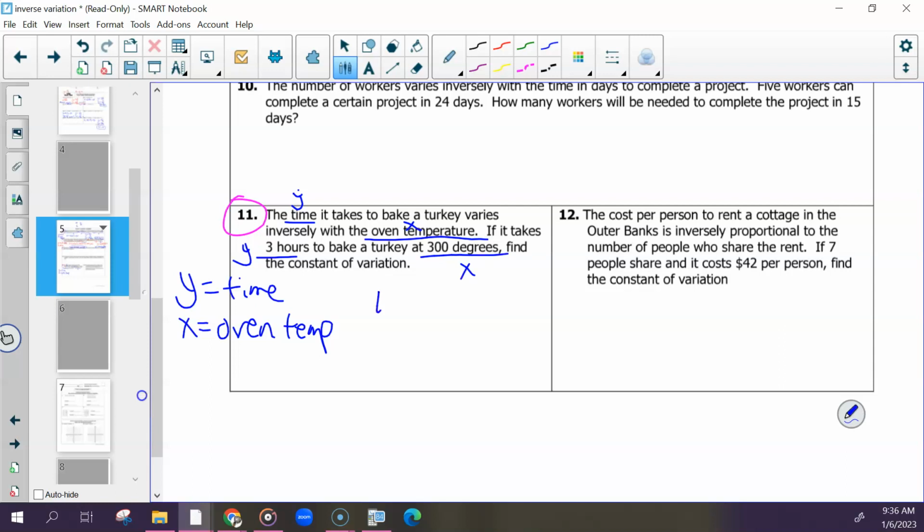Multiply those together to find our k. And we're looking for our constant of variation, which is our k value. So it has been answered.